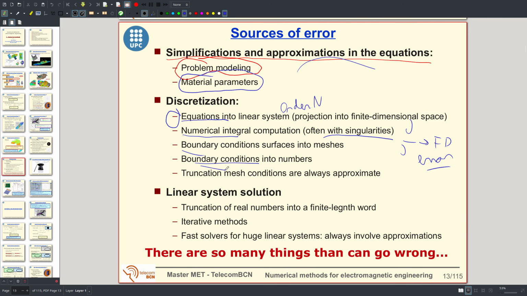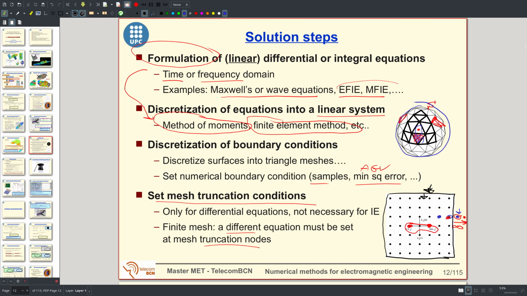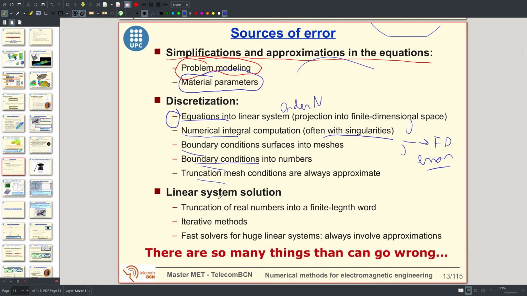This also introduces error. The truncation boundary conditions that I introduced here, which will be explained later, also introduce error. So we have errors in the formulation, errors in setting up the linear system, but also when solving the linear system, we have errors because in the linear system matrix we have numbers.